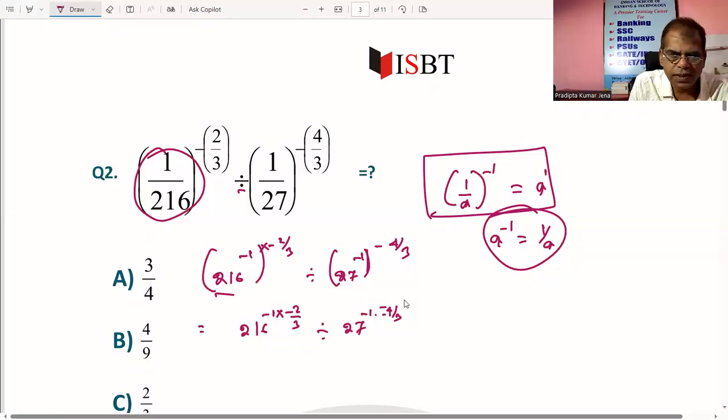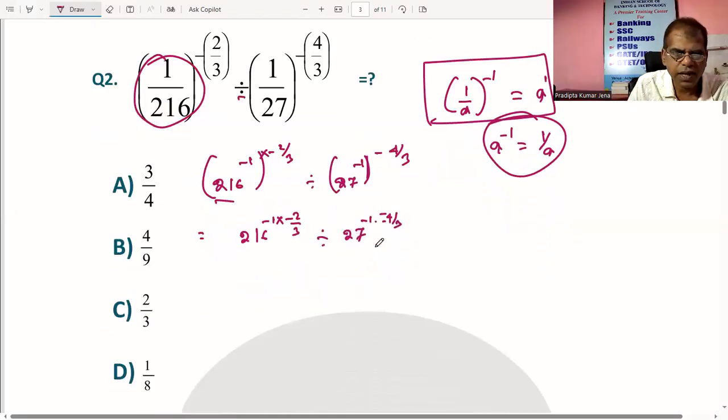In the next step the minus signs become plus. 216 is 6 to the power 3, times 2/3, so the 3 cancels. 27 is 3 to the power 3, times 4/3, and the 3 cancels.